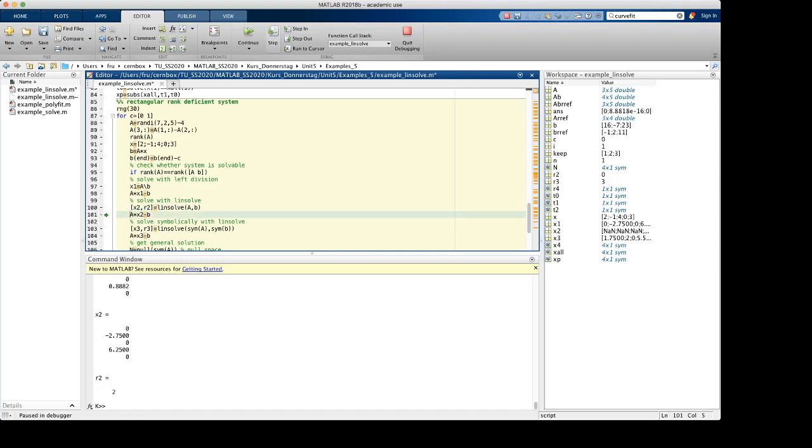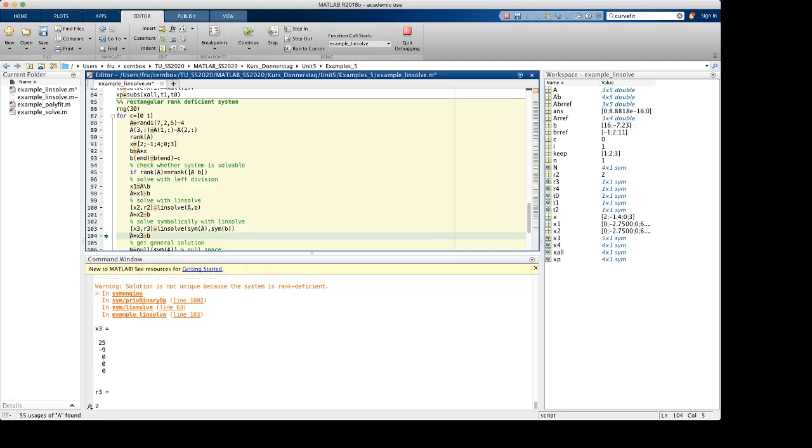We can also try with linsolve, which gives the same result. Now let's try a symbolic solution with linsolve. This will give again a warning because the solution is not unique. We have an infinite number of solutions.